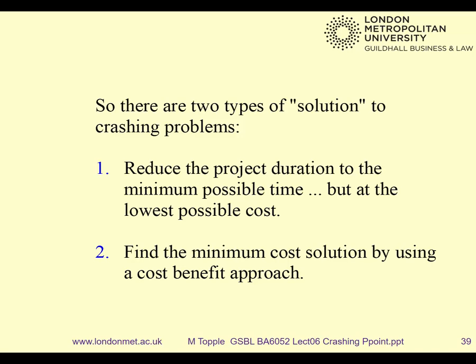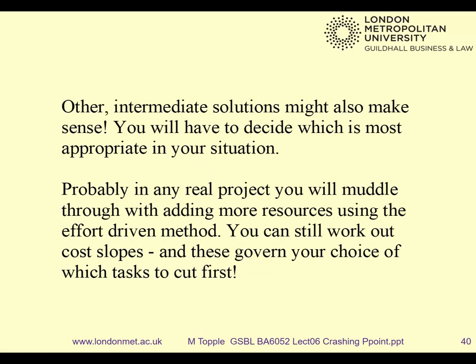And those options should be presented to your stakeholders for a decision as to which one is most appropriate. And it may be true that other intermediate solutions make some sense given the context of the problem that you're dealing with, your particular project, with your particular contractors and your particular stakeholders. So there's no universally right answer to this.